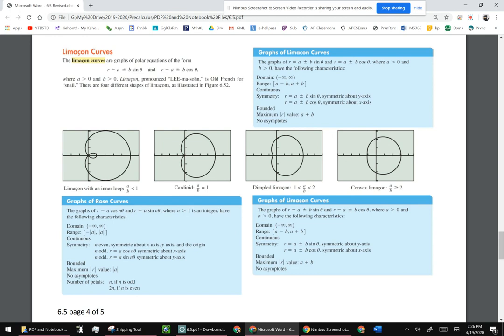It's continuous, and again, sine cardioids or sine Limaçon curves are symmetrical over y, and cosine ones are symmetrical over x. You don't have to memorize all these rules, because again, hopefully a lot of this will just make sense to you as you do it, and you can just observe it. And that's it for Limaçons and cardioids.